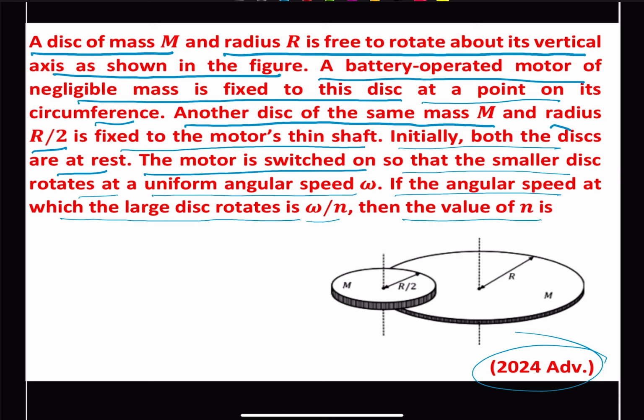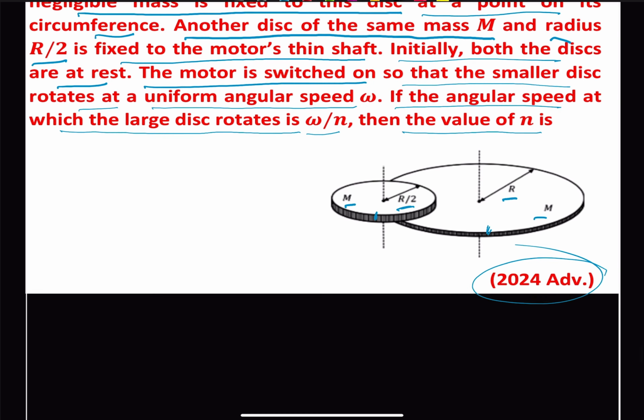So we are having two disks. Forget about the motor. One is a smaller one, the other is a bigger one. The mass is the same. The smaller one has radius r by 2, and the bigger one has radius r. Let us assume this is our bigger disk and this is our smaller disk, and this is the center.